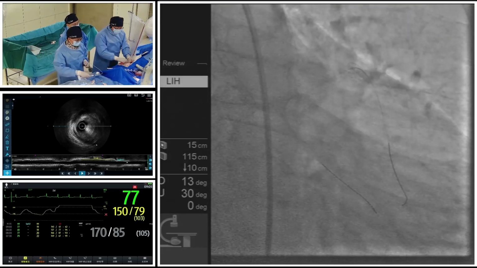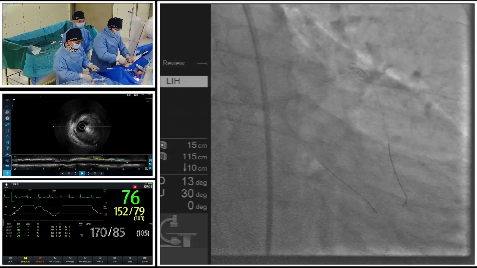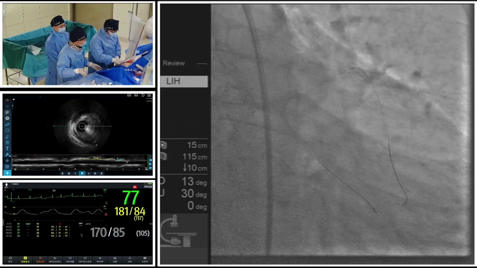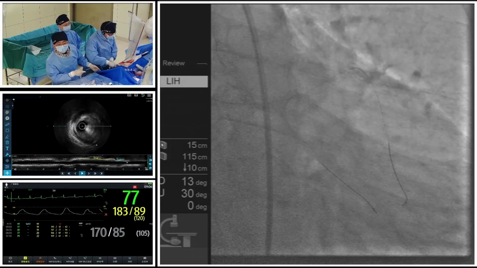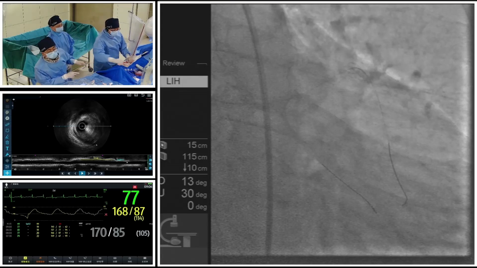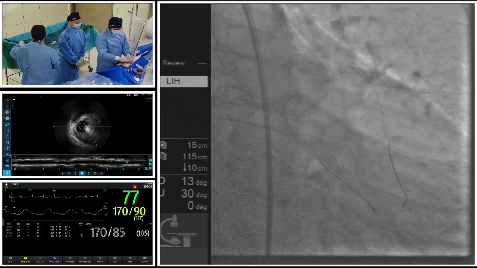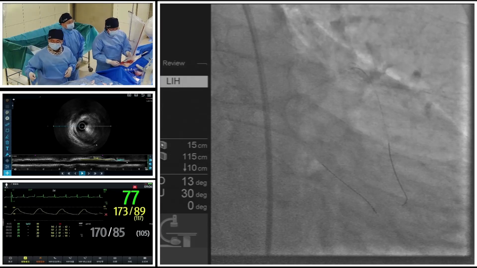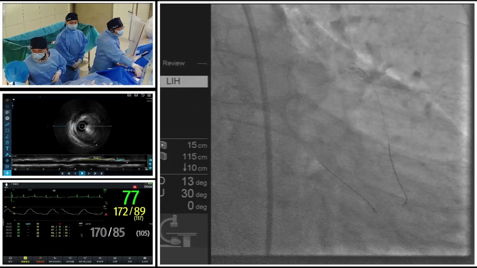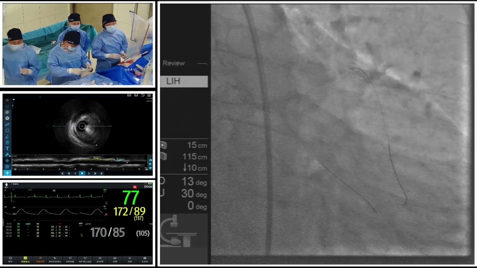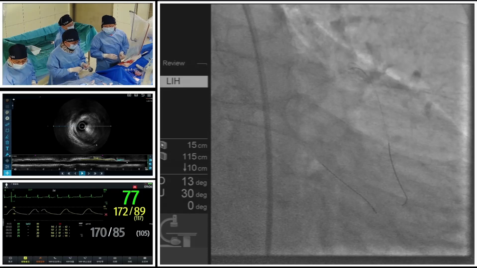Another wire, please. Actually, the whole idea of the rotablation and IVL system is to guarantee the stent expansion. Although we didn't check the IVUS after the second stent has been implanted, we can see that stent expansion is relatively good.